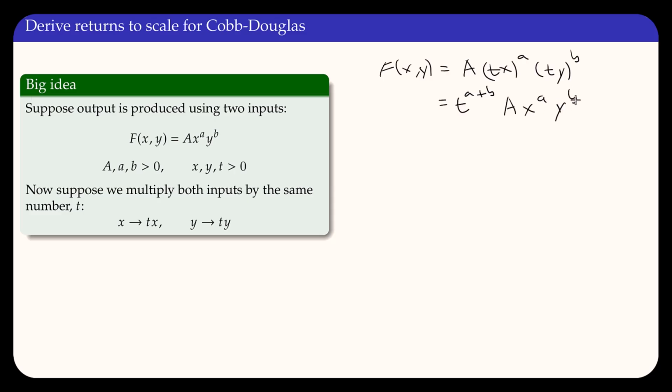I get this result, and the result says that the exponent on this t constant is going to be a plus b. And we can interpret what kind of returns to scale we have by analyzing the exponent a plus b.